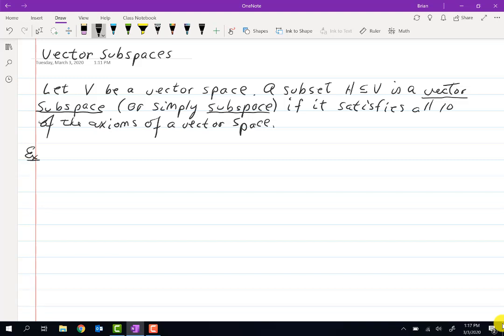Consider the vector space R3. What I'm going to do is let H be a subset of R3 where H is defined in the following way.